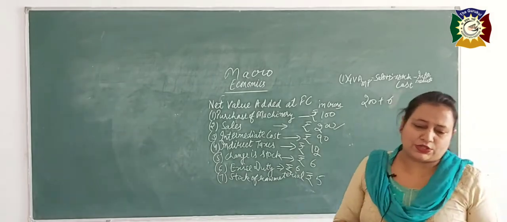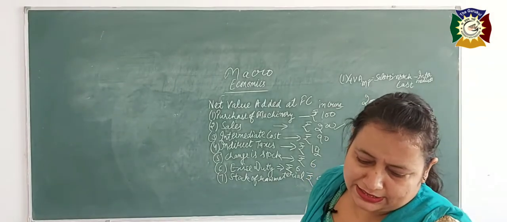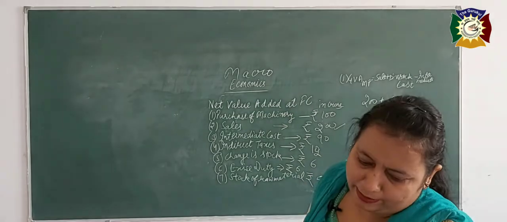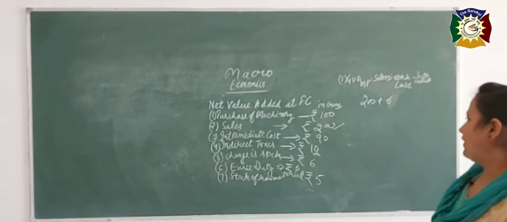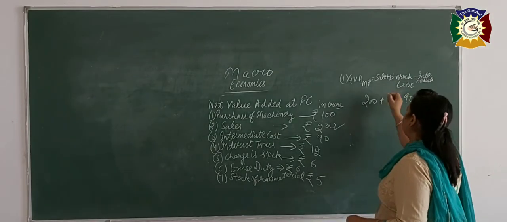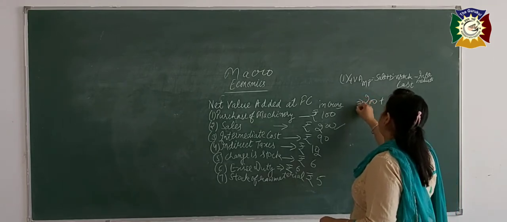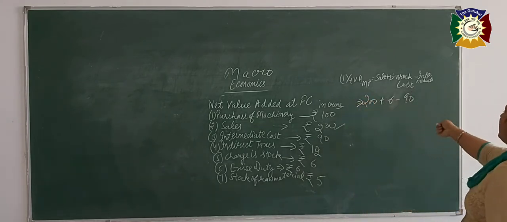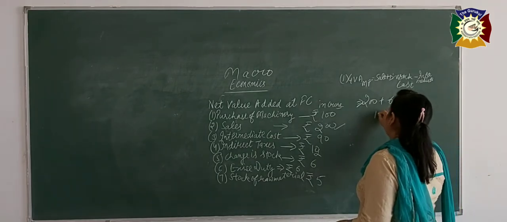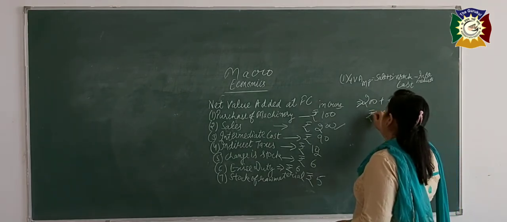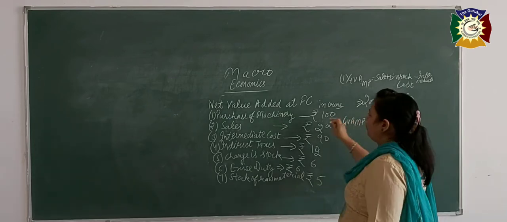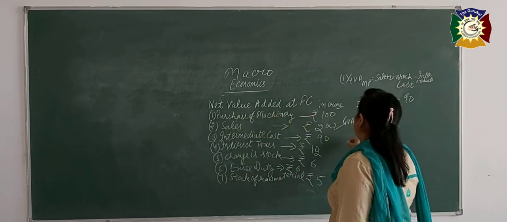After that minus intermediate cost, that is 90. Now you will find GVAMP. 200 minus 90, 110 plus 6, 116.